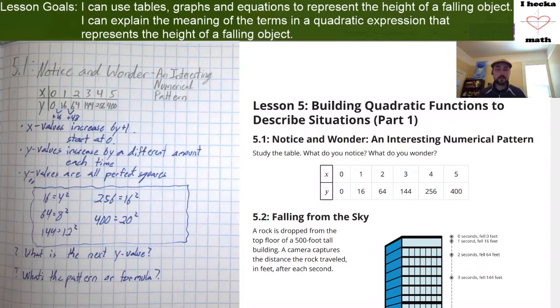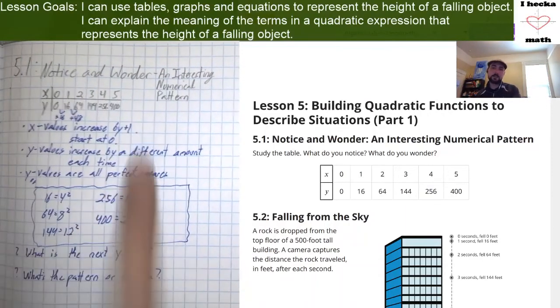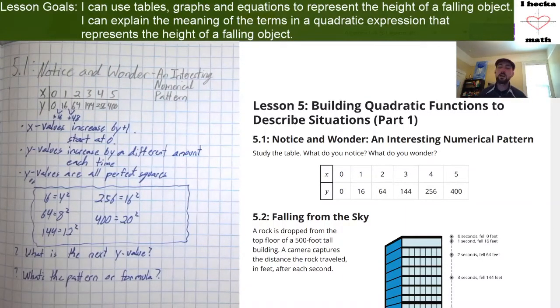You might have noticed and wondered additional things, and if you did, that's awesome. Don't spend all day writing down every single thing you notice and wonder, but just hit the highlights. I'm not wasting time saying, I noticed that there are numbers here. Notice I'm saying what kind of numbers they are: perfect squares, increasing by 1, starting at 0.